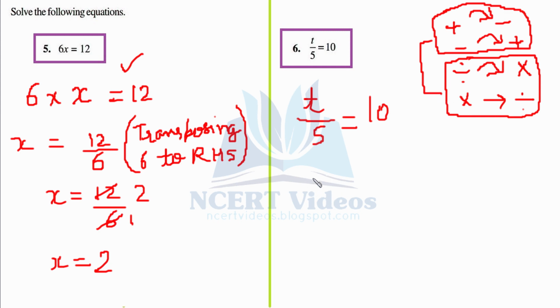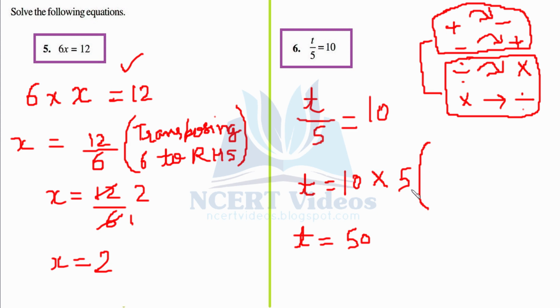So moving further, we are left with t, and we have 10 as it is on right hand side, and we are going to multiply it because it is getting divided. Multiply it with 5. When you solve it, t equates to 10 into 5 is 50. Again, you have to write the reason here.